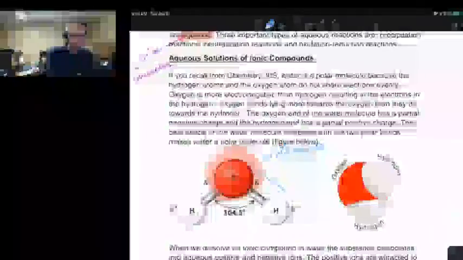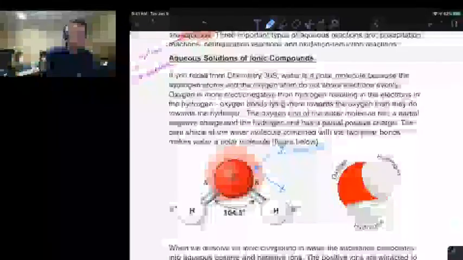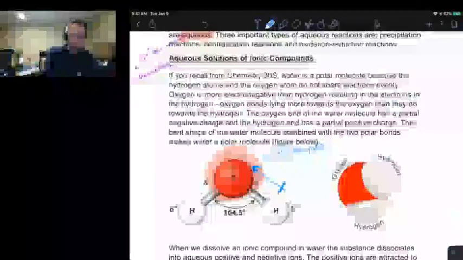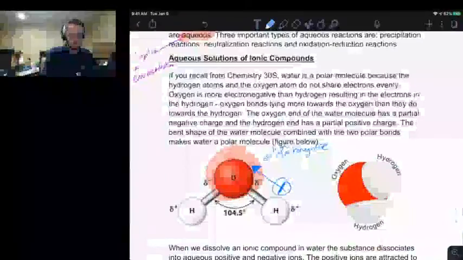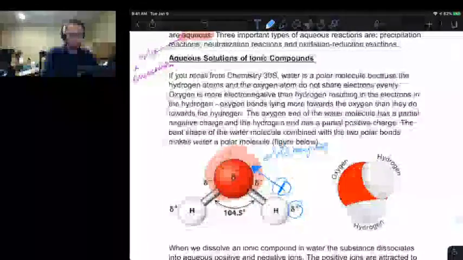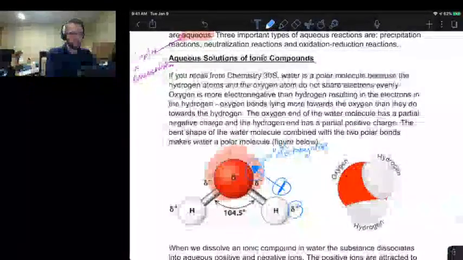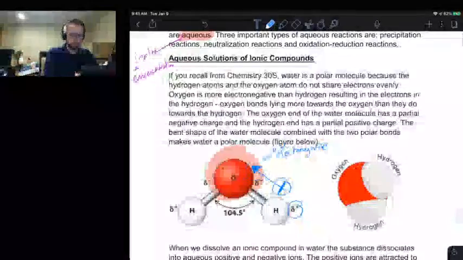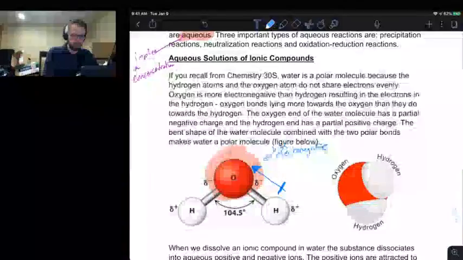So this is called a dipole, and we draw a dipole arrow from the positive end. So here the slightly positive hydrogen up towards the negative, which in this case would be the oxygen. And we usually draw those along bonds. So this is a dipole moment.